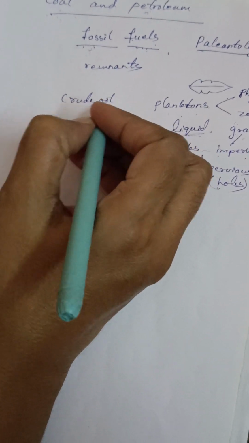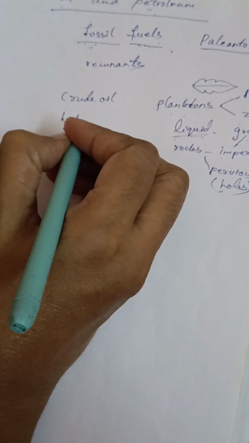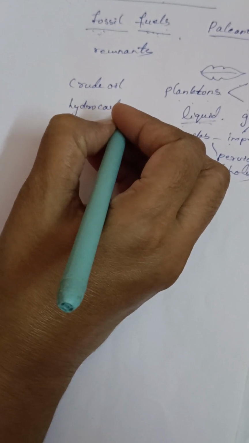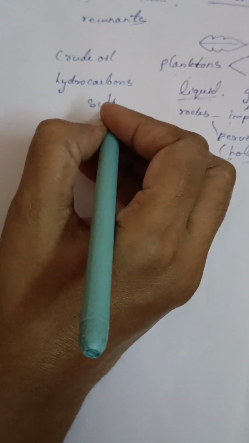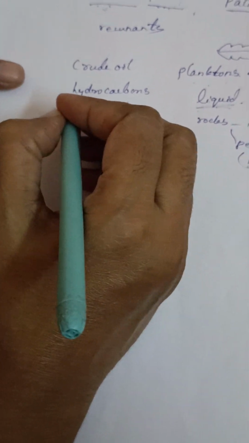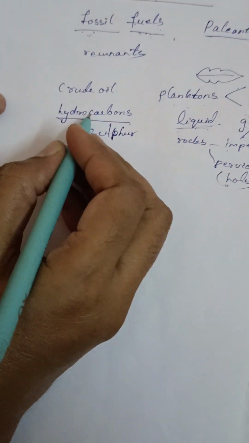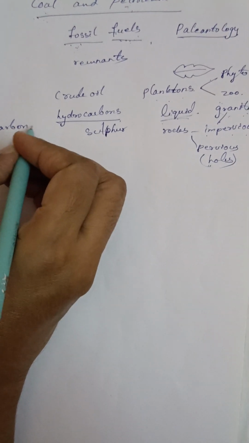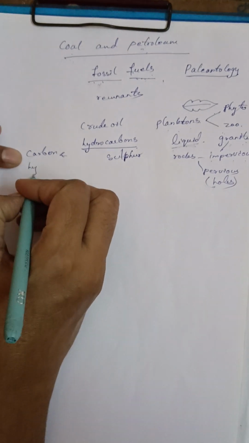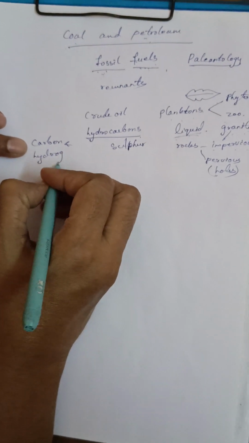Crude oil consists of hydrocarbons, and some amount of sulfur is also present. What do we mean by hydrocarbons? The substances that consist of carbon and hydrogen are called hydrocarbons.